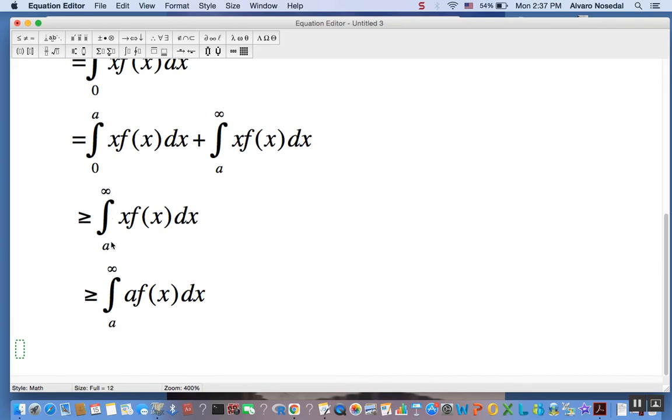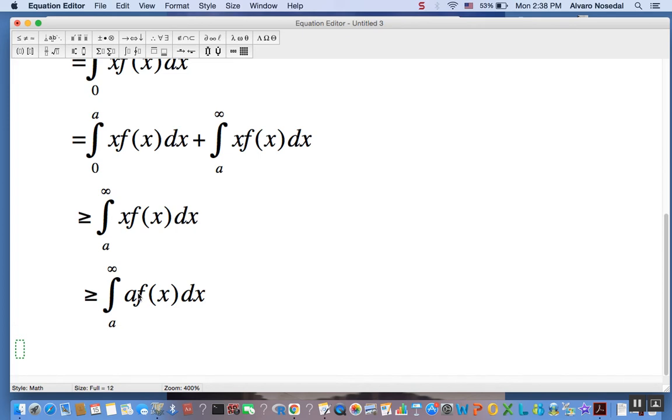Worst case scenario, x equals a, but it could be greater than that. If I fix that to be a, that integral must be greater or equal to this one. Makes sense, because we're just fixing the value of x to be the smallest possible. Now can you see that we're almost there?